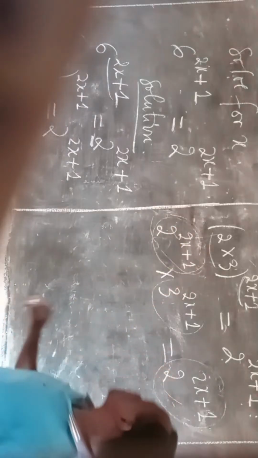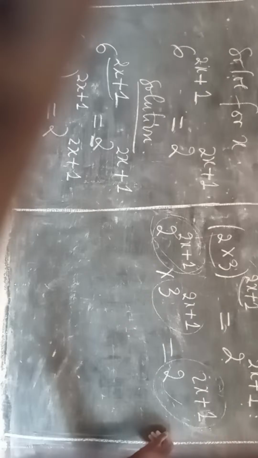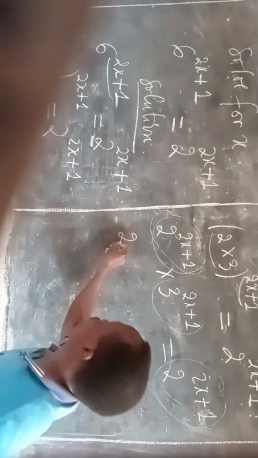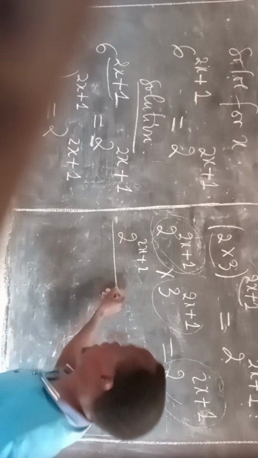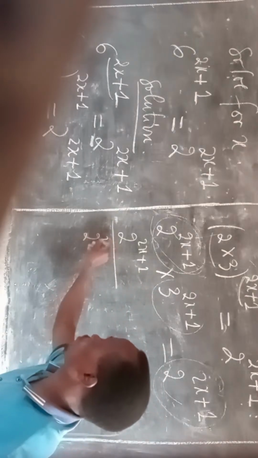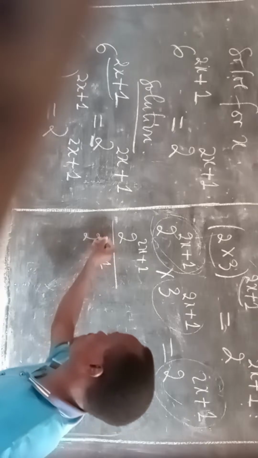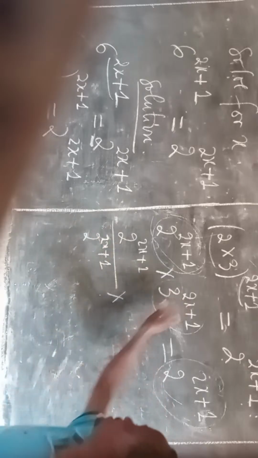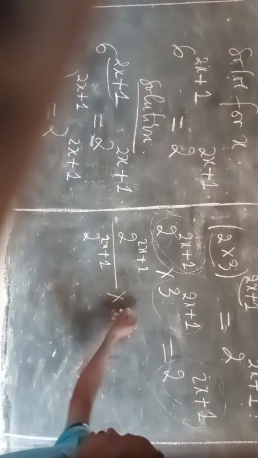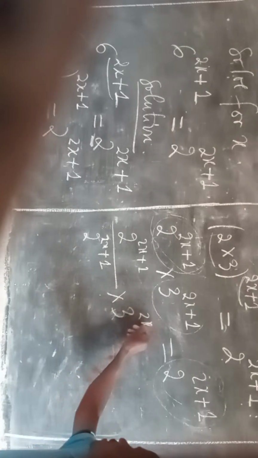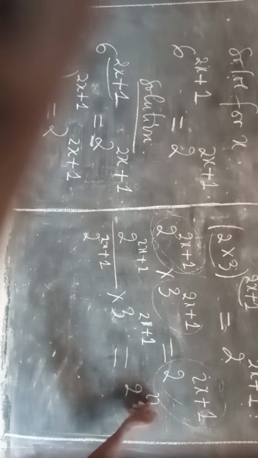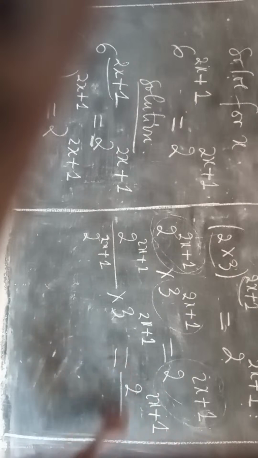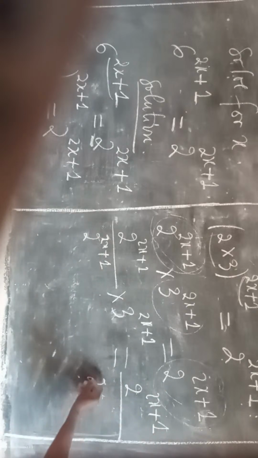We divide both sides by 2 power 2x plus 1. So it is 2 power 2x plus 1 over this factor, 2 power 2x plus 1, times the remaining one, 3 power 2x plus 1, which equals 2 power 2x plus 1 over this factor.